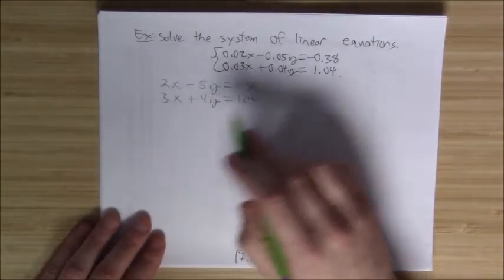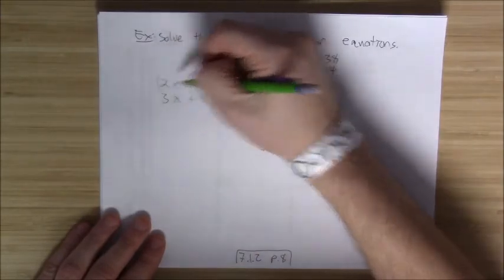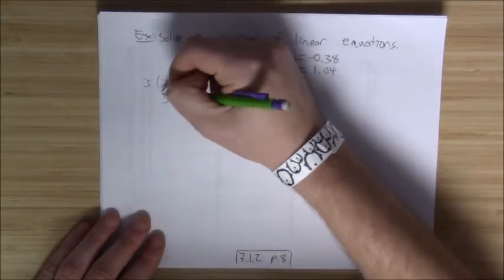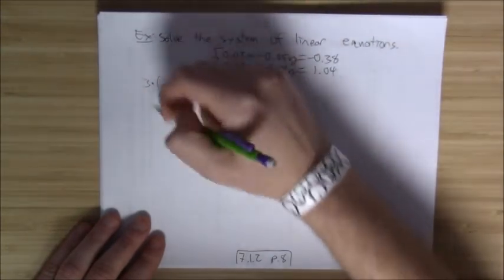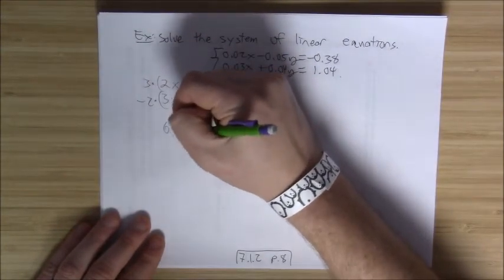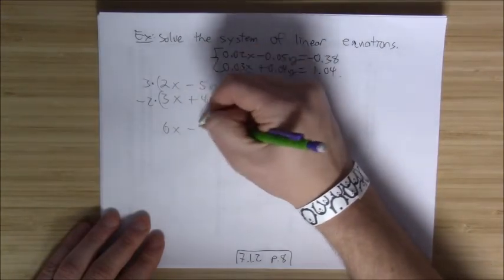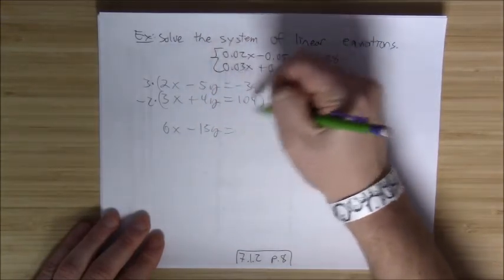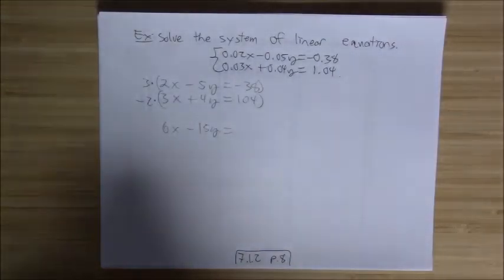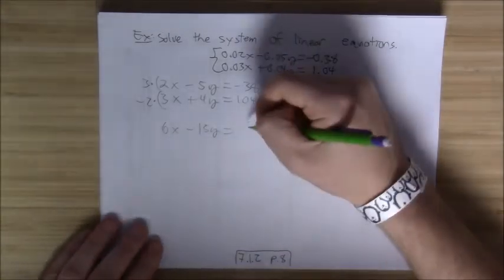Let's multiply this equation by 3 and this equation by negative 2. That gives me 6x minus 15y equals 3 times negative 38, which is negative 114.